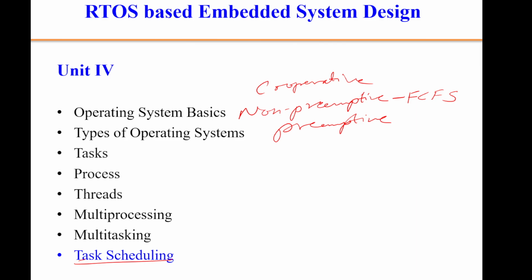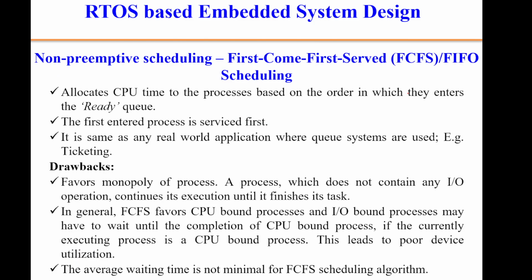First we will be discussing first come first serve scheduling. It can also be called FIFO scheduling, that is first in first out. As the name indicates, the first entered process will be serviced first.